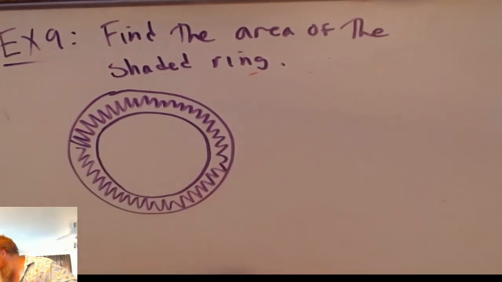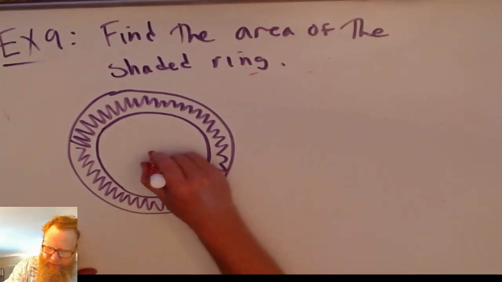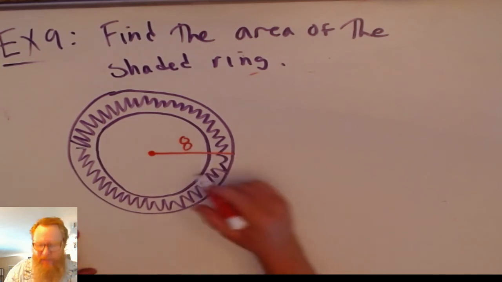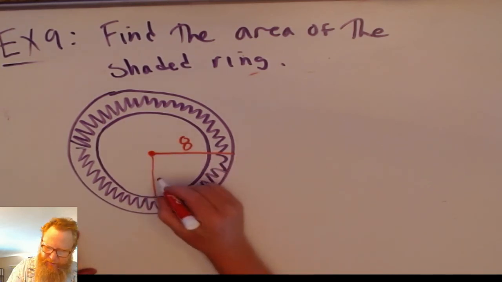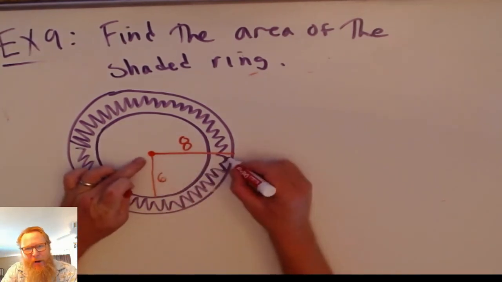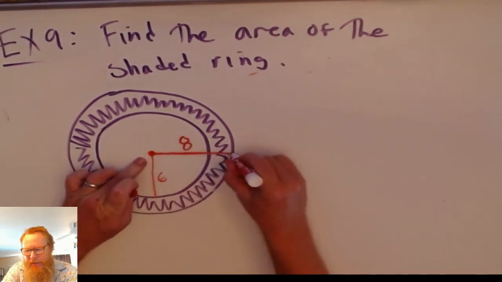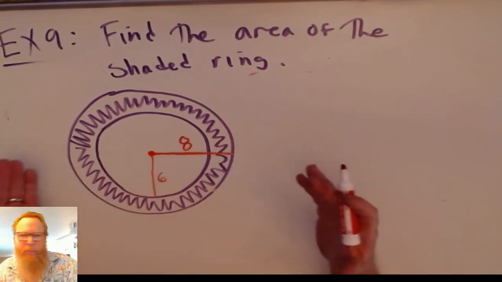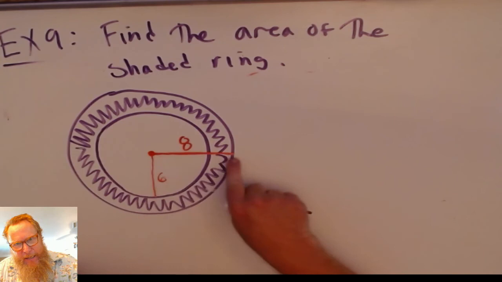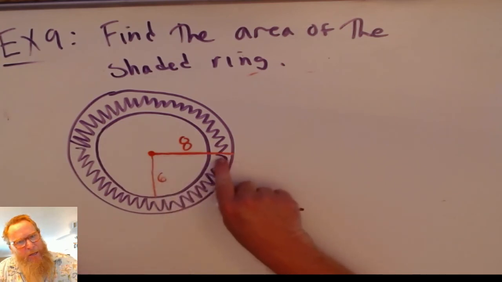And then I'll give you two measurements. We'll say this one is 8, and this one is 6. It's a little bit hard to see the one that goes to the outside sometimes, unless you're printing in color or something like that. If you're just printing this in black and white, you need to be careful because sometimes it's hard to tell.